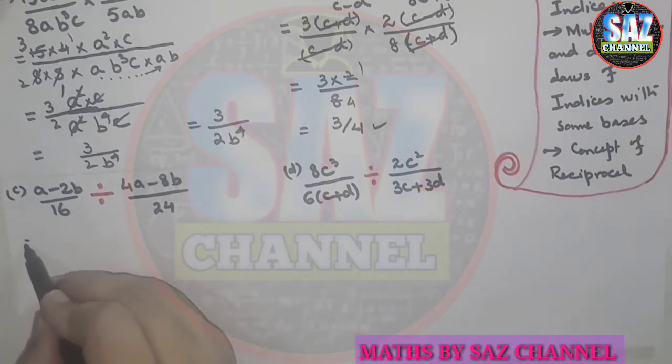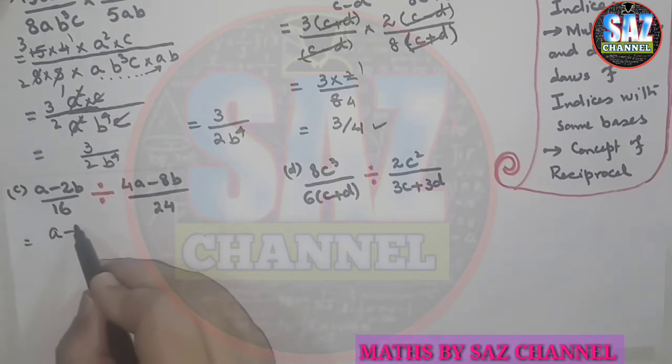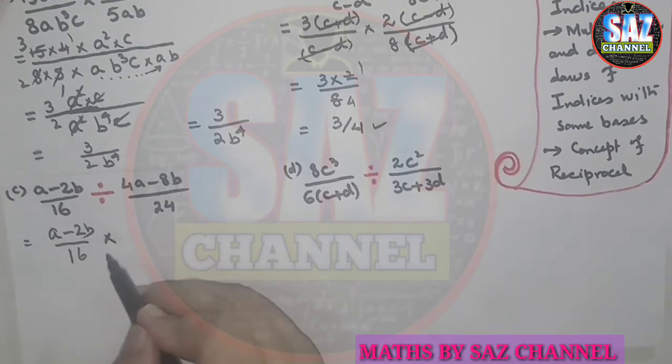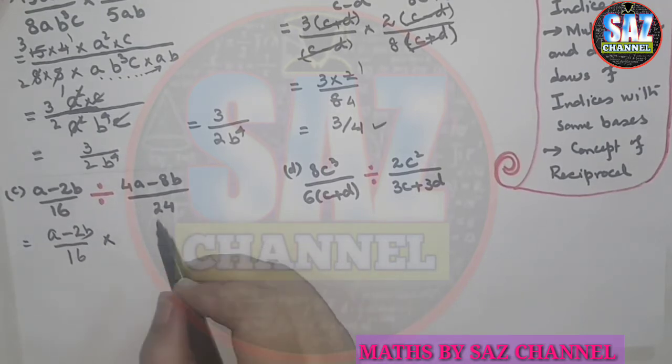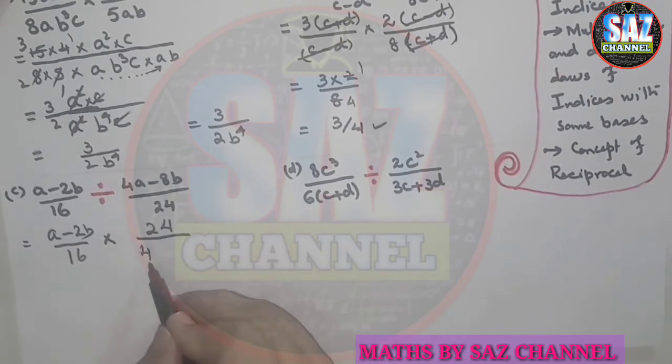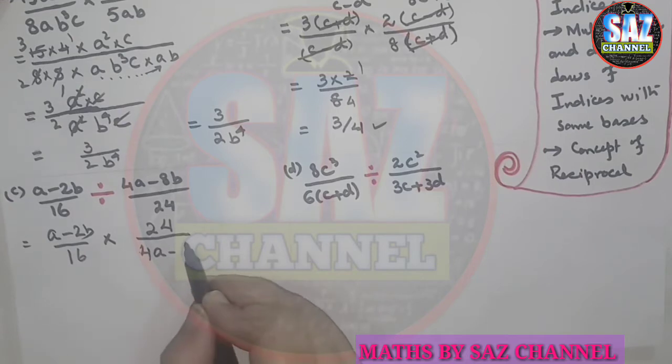So according to that, the question will take the form a minus 2b upon 16 multiplied by, now for the reciprocal, the denominator which is 24 will become the numerator, and my numerator will become the denominator, for 4a minus 8b.